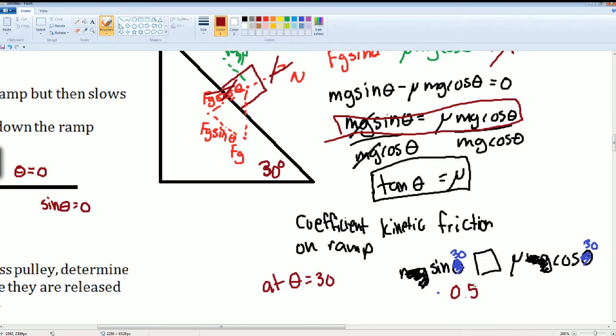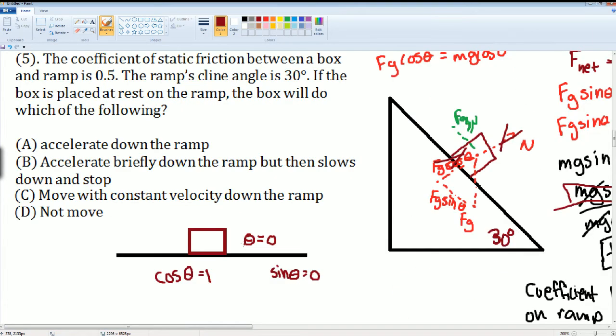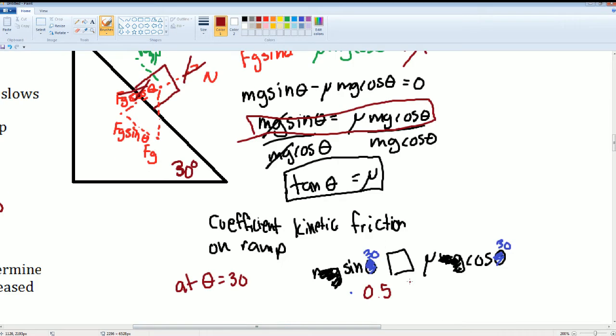What is mu? Mu is 0.5. So the mu here is 0.5. And what is the cosine? Cosine of 30 times 0.866 times 0.5.